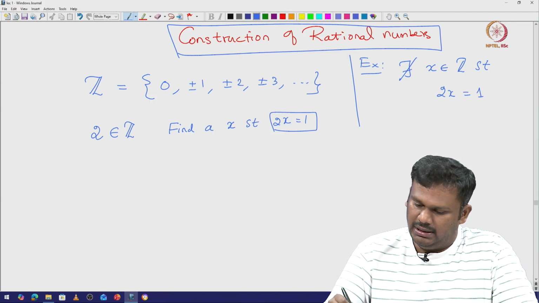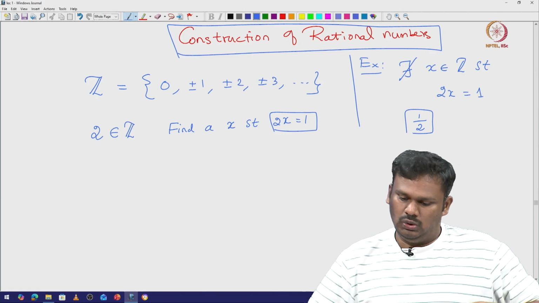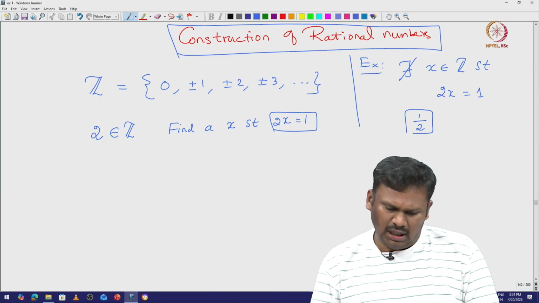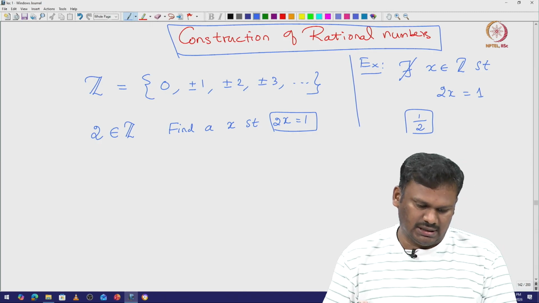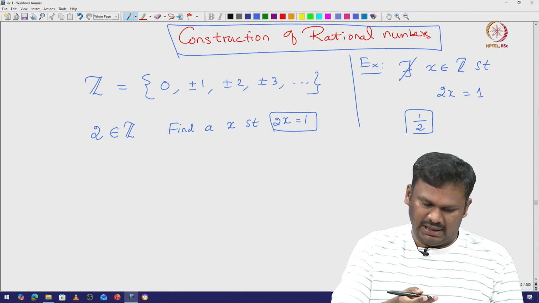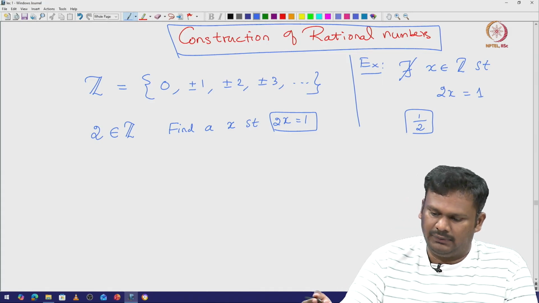We want to look for something that looks like 1 by 2. But how do we interpret this 1 by 2, and how do we construct rational numbers from scratch, only with the information about integers?